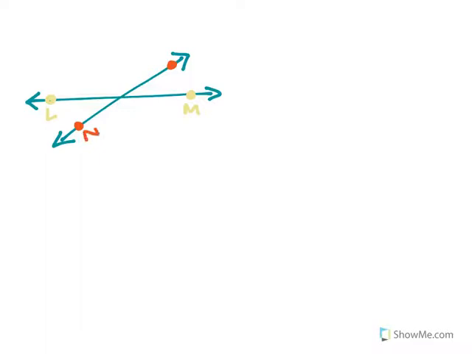So if I had intersecting lines, I would have to write out the line LM and the line NO, and these intersect.